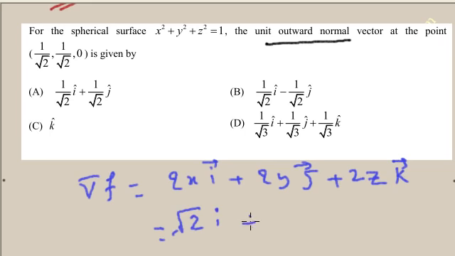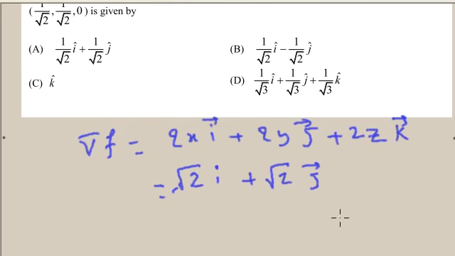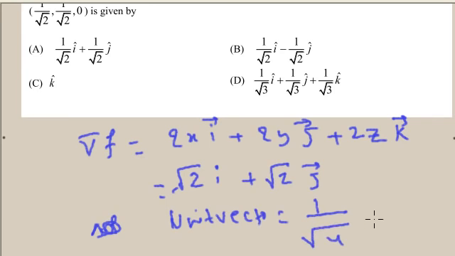i plus 2 by root 2, that means root 2 j, and here it becomes 0. So the unit vector is divided by the magnitude of del f. This unit vector is 1 by under root 2 plus 2, that is 4.